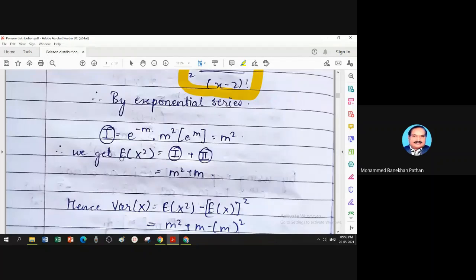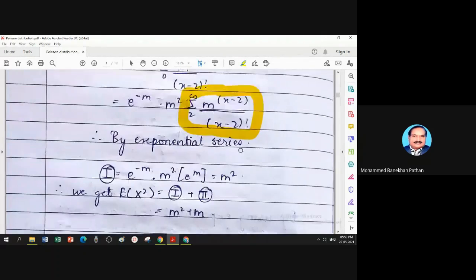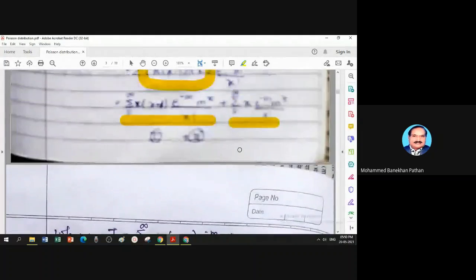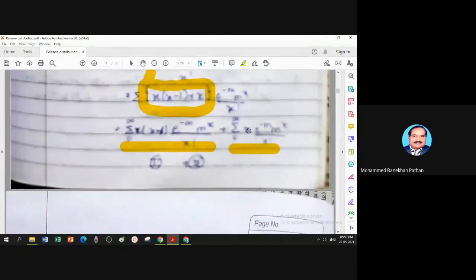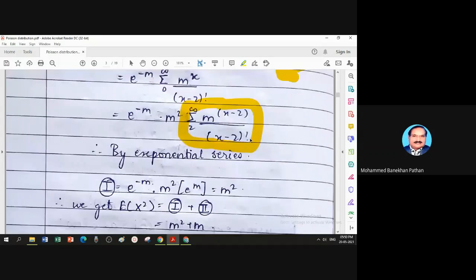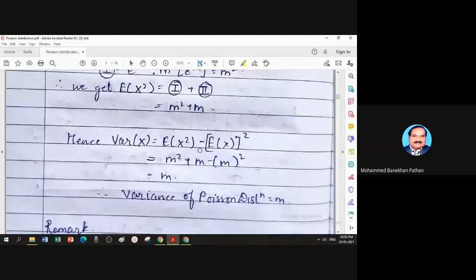Therefore, we get expected value of x square as 1 plus 2. The answer of 1 is m square, and the answer of 2 is nothing but summation x into p of x, that is the mean, and the mean of Poisson distribution is m. Therefore, variance of x, now you can check, the formula is very much clear: expected value of x square minus square of expectation.